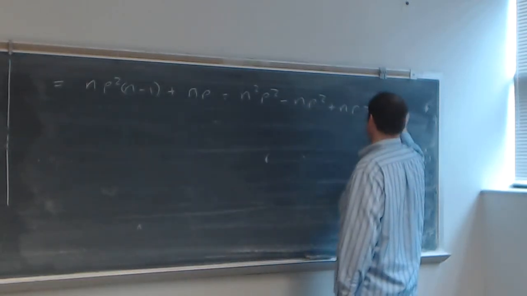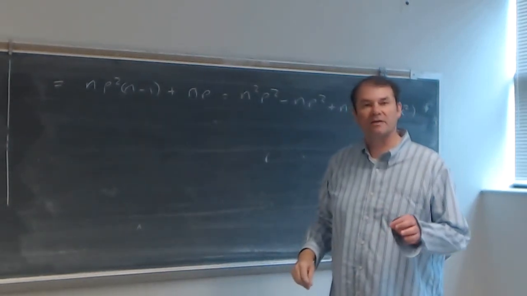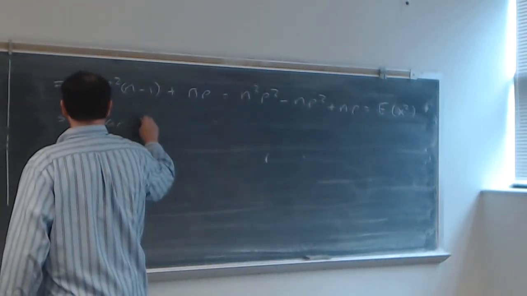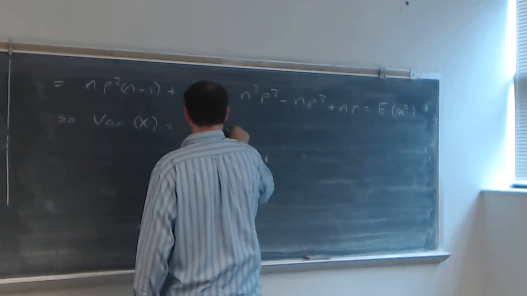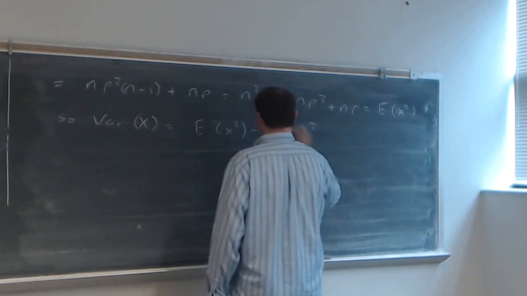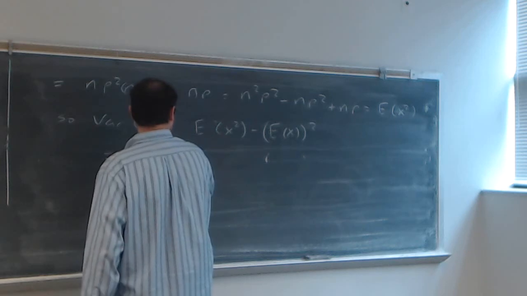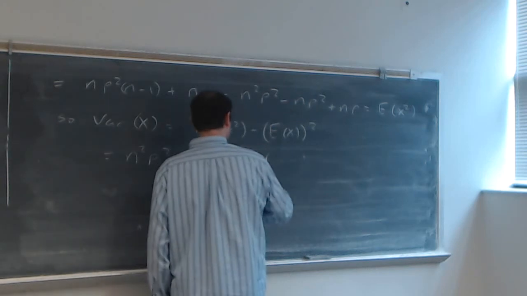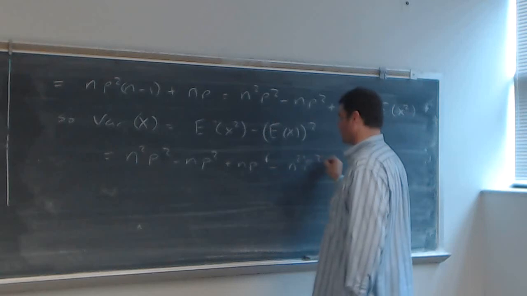And what that is, that's the expected value of x squared by our fact dealing with the moment generating function's derivative evaluated at 0. So the variance of x is, remember, equal to the expected value of x squared minus the expected value of x, squared. We calculated this earlier. The first thing we got here on the board still is n squared p squared minus np squared plus np, minus, what this was np squared, so it's n squared p squared.